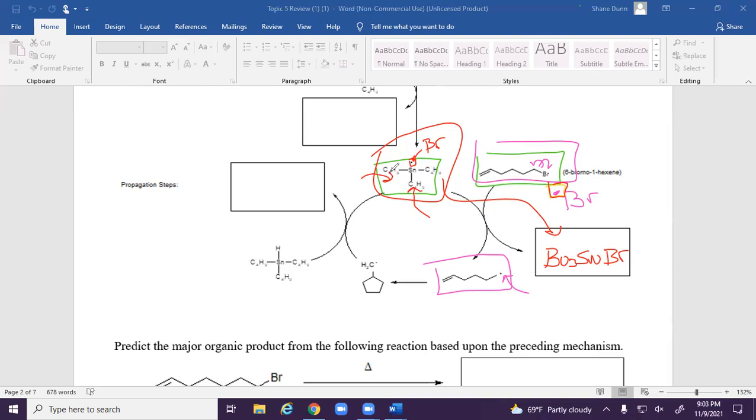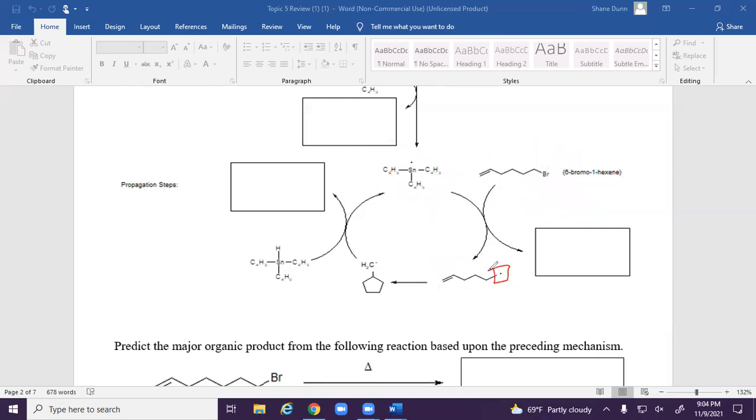And then the radical on the Sn bonded to the radical on the Br. Yep. Okay, you guys ready? Yeah. Athena?